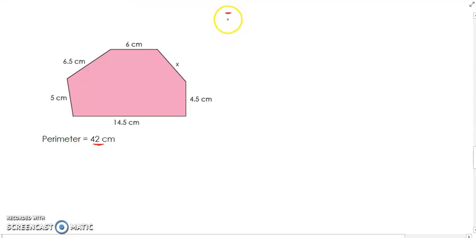We know the sum of the sides. When we add up all of them, they're going to give us the perimeter. That is what we're going to use to help us. For the sum of all the sides, let's always start with x here.